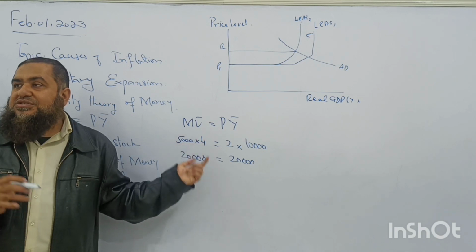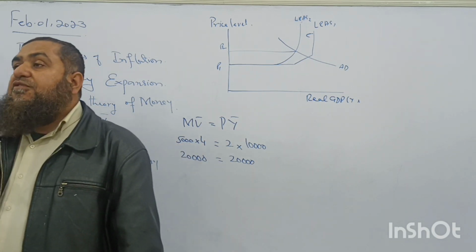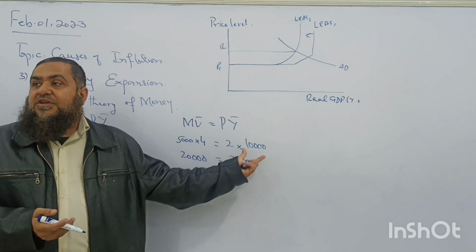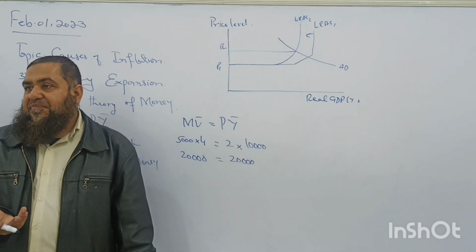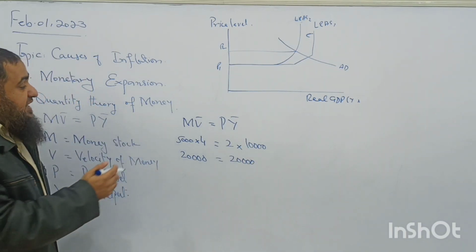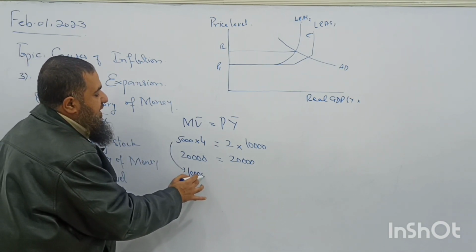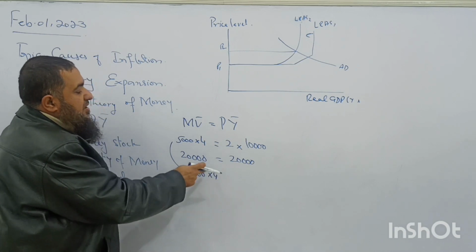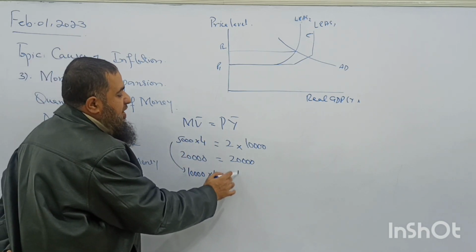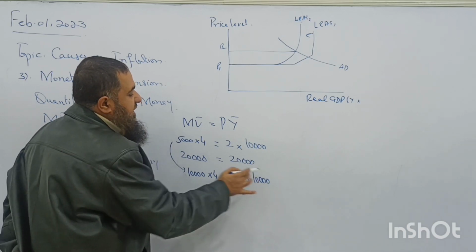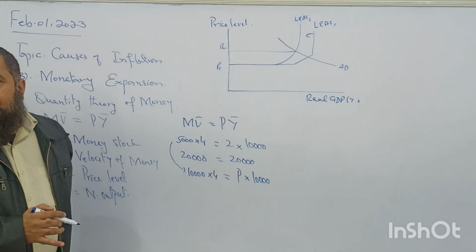There are 5,000 notes and each note is circulated 4 times. So the whole output of 10,000 goods will be purchased in the economy. Clear? Now if the central bank increases the money supply and makes it 10,000, velocity will remain the same. We have to find the price level. Output is also the same.